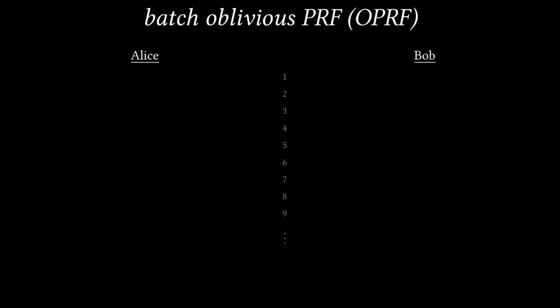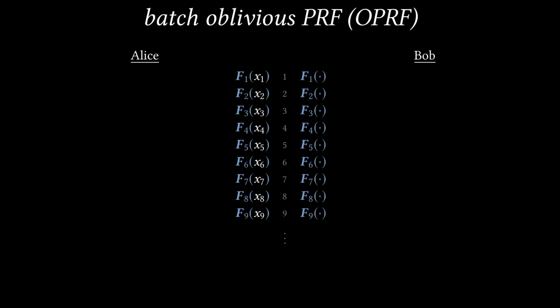The fastest semi-honest PSI protocols use a building block called batch oblivious PRF, or OPRF. In a batch OPRF, the receiver Alice has a list of m selection strings, one for each slot. Batch OPRF generates a different random function f_i for each slot. The sender, Bob, learns these functions in their entirety, meaning that he can evaluate each f_i on any input he likes.